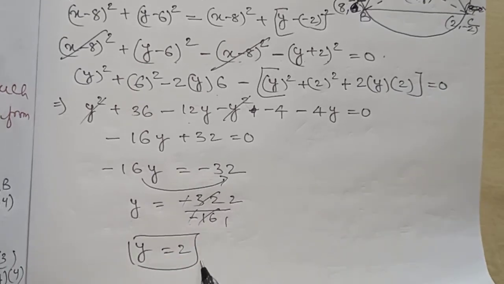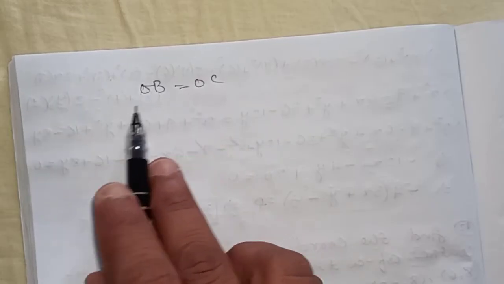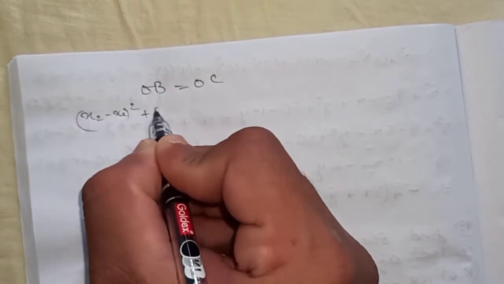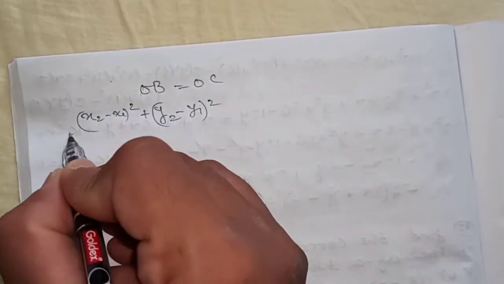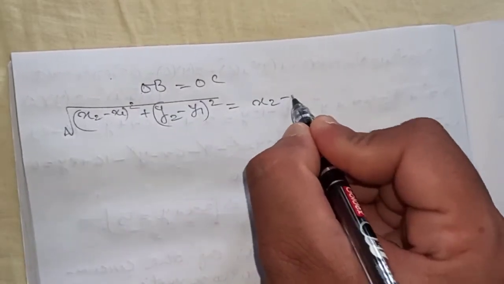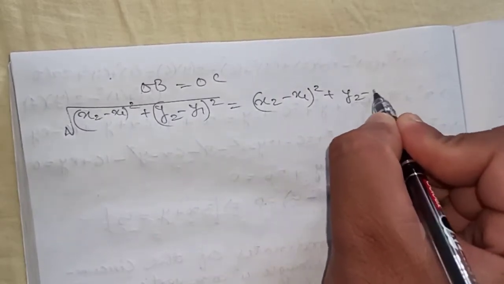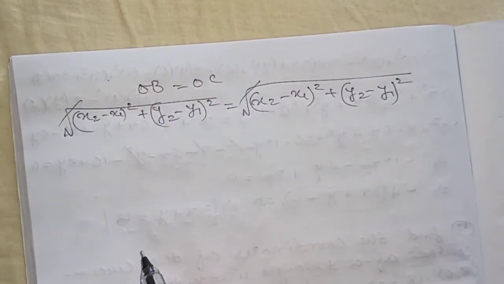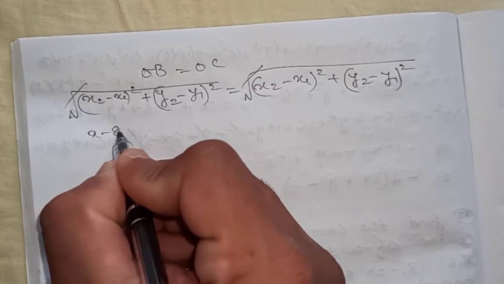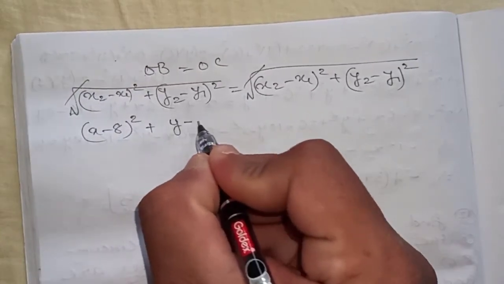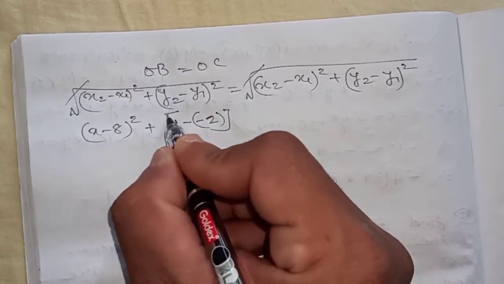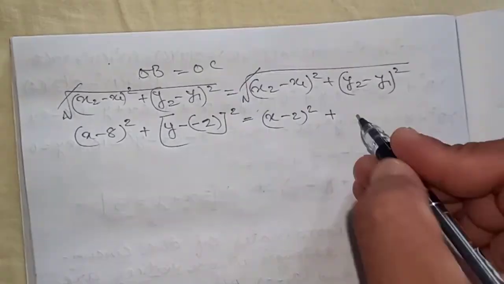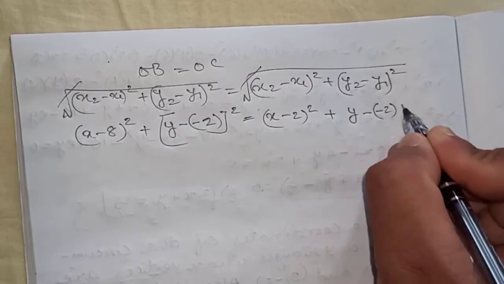So the value of y is 2. Now we are going to equate OB equals OC. For both sides we will use the distance formula: square root of (x2 minus x1) whole square plus (y2 minus y1) whole square. For both sides the square root will be cancelled. (x minus 8) whole square plus (y minus 2) whole square equals (x minus 2) whole square plus (y minus 2) whole square.